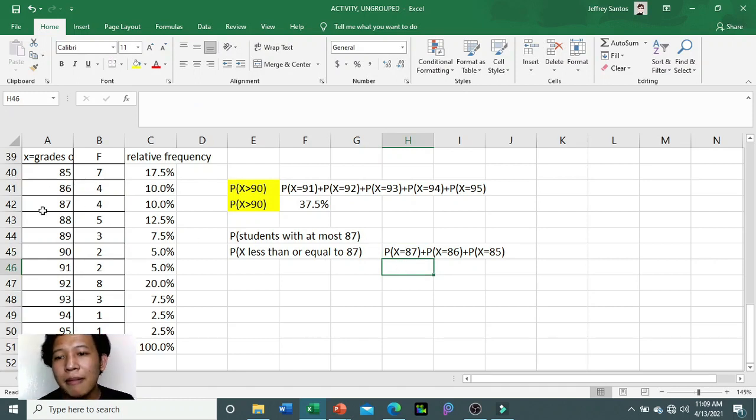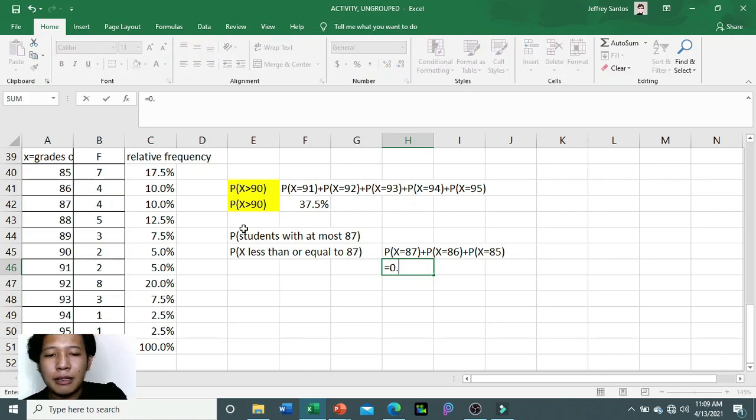And using our probability distribution, then we can simply get the probability of getting a student with at most 87 na grade. So we have here probability ng x is 87, that is 10%. So that would be 0.1 plus another 0.1 plus 17.5% or 0.175.